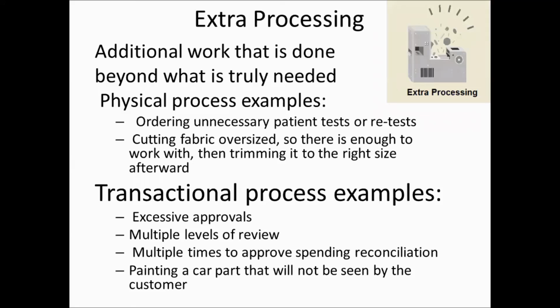Extra processing is additional work that is done beyond what is truly needed, more steps than needed, like ordering unnecessary patient tests, cutting fabric materials longer and then, after doing some work, refining it to the needed length, or excessive approvals, multiple levels of review, multiple times to approve spending, reconciliation for medication, painting a car part that is not apparent to the customer in manufacturing.